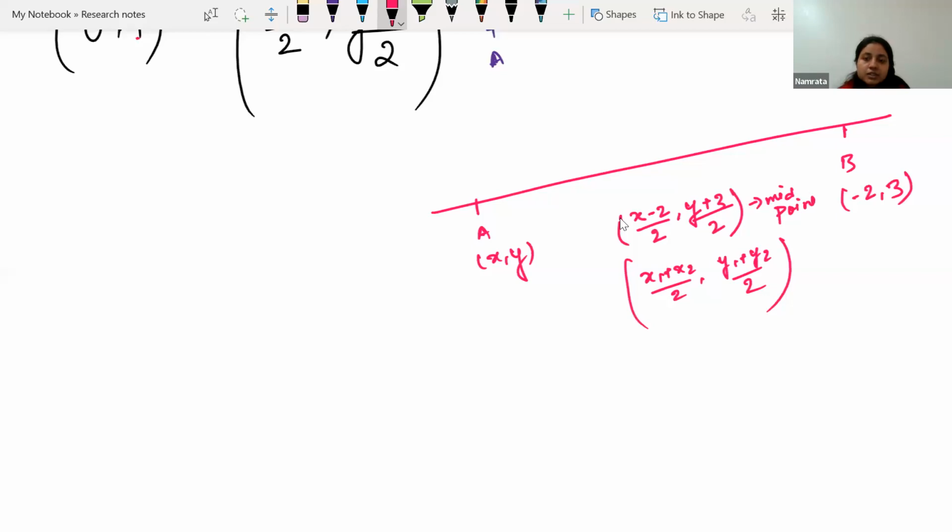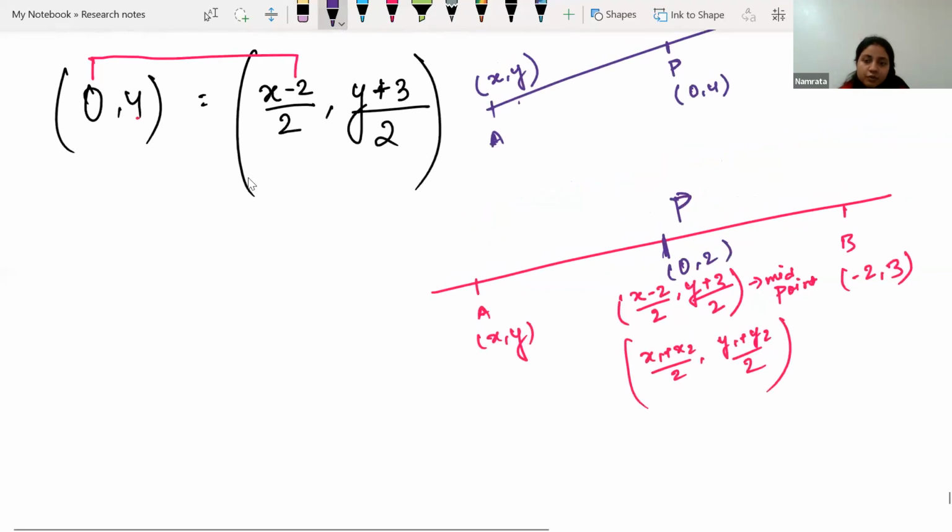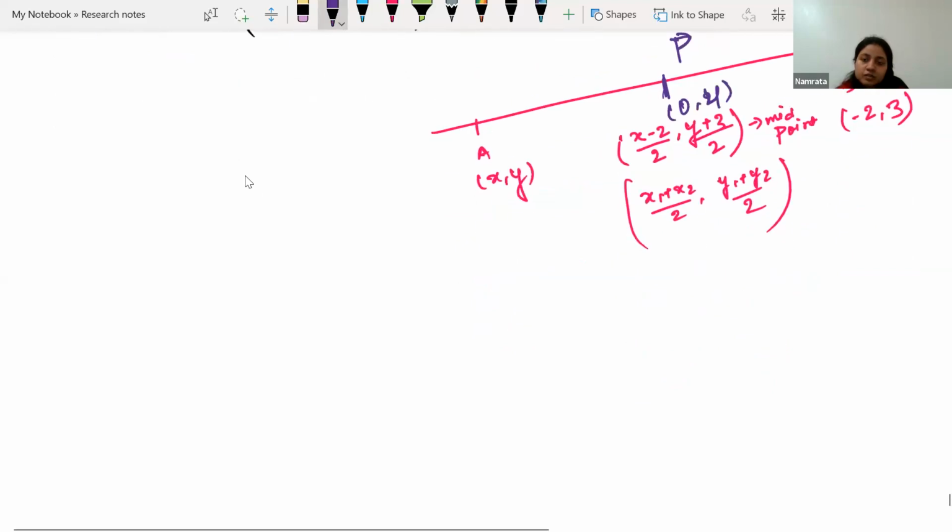But in the question it says that the midpoint is P, which is 0, comma 4. So can we say this 0, comma 4 and this one have to be the same? We can equate them.